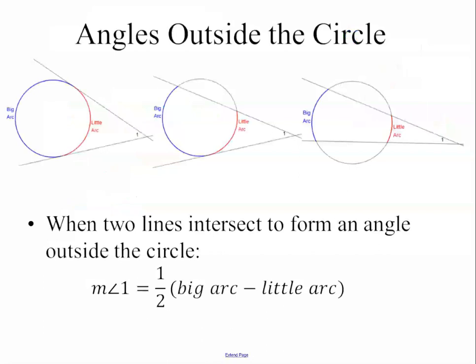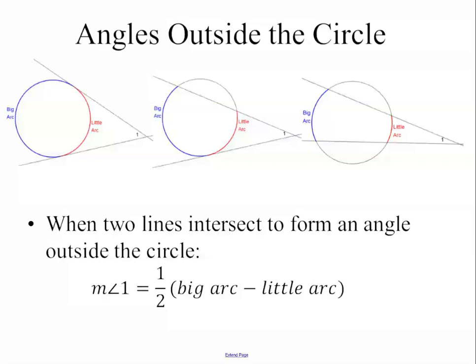All right, so last type of example we're going to look at. We've looked at when the vertex is on the circle, and when the vertex is inside the circle. So the last thing we're going to do is look at when the vertex is outside the circle. There are 3 ways that that could happen, and I've got the 3 examples. In all cases, the angle is outside the circle, and in all cases, the process is the same.